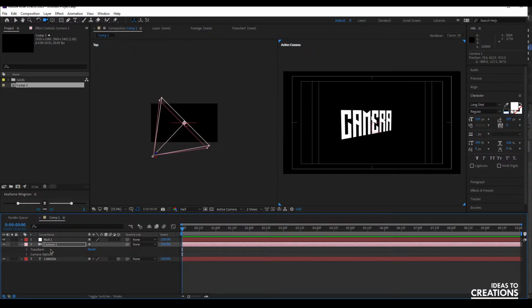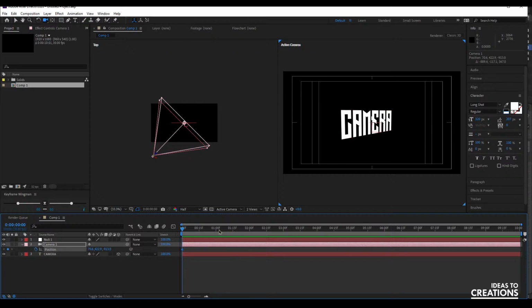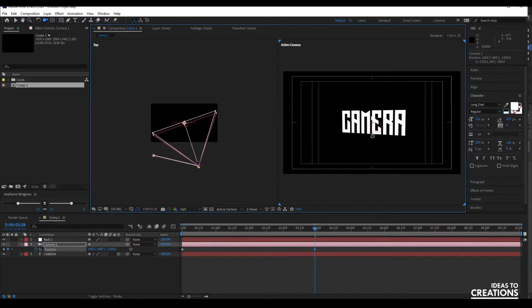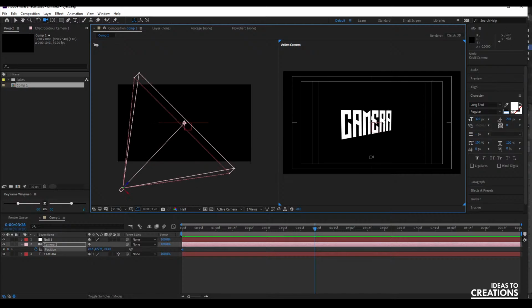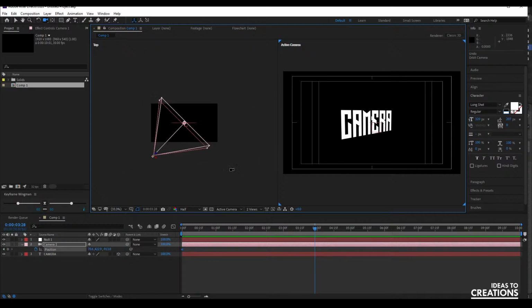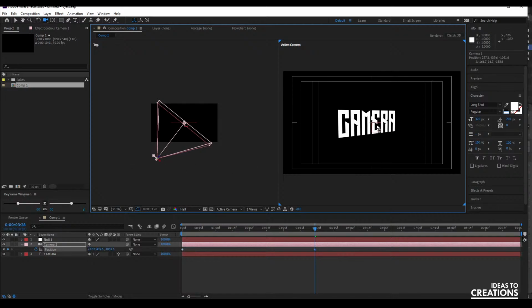Go to position, set a keyframe, go down to 4 seconds, and then I'll do this. I'll be like, damn, I really hope it rotates that way. Now, if you take a look at this line as I'm doing that, let me do that again real quick, and you'll see how as the line is drawing, it kind of turns as well.